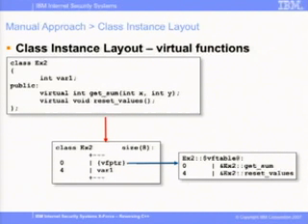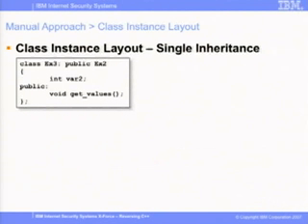So what if the class inherits from another class? In this example, the class x3 inherits from the class in the previous slide, x2. Class x3 has 1 member variable.